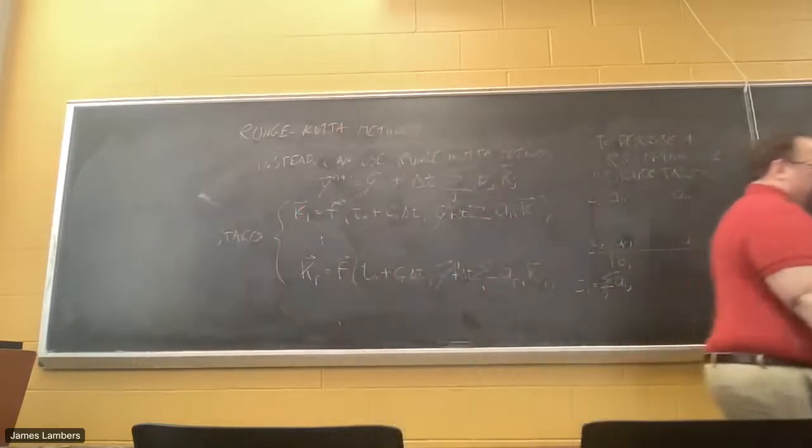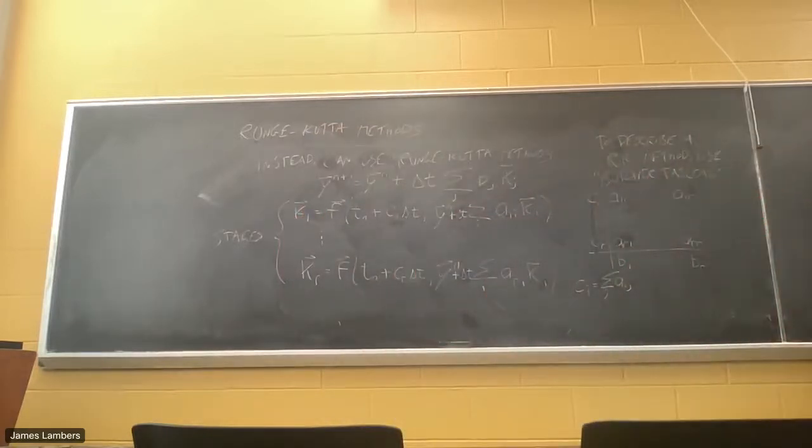They correspond to one another. So that's why the C's have to satisfy this condition. So really, it's the A's and B's that you have to figure out, and the C's will follow from that. Okay. All right.